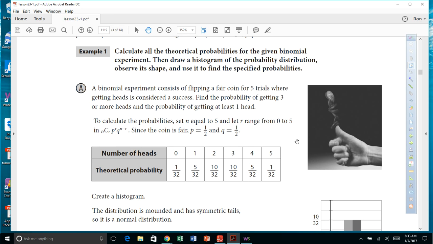Observe its shape and use it to find the specified probabilities.